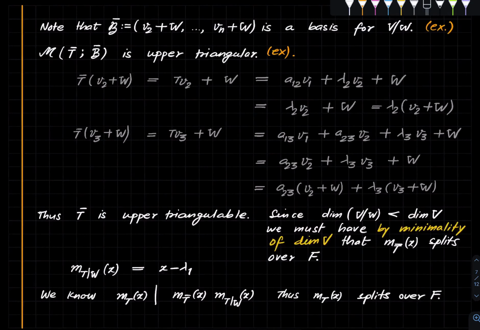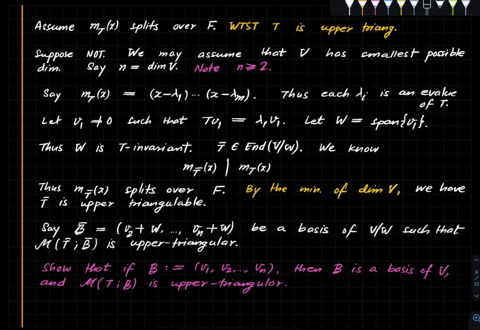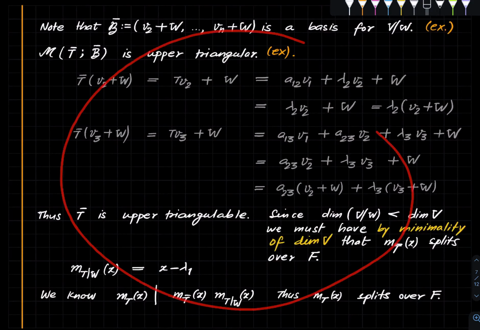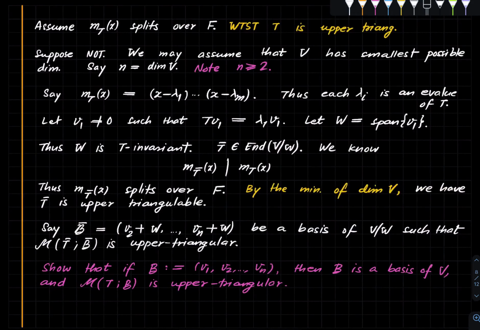It's this kind of computation that we did in the previous proof, so I don't want to repeat it. And therefore T is also upper triangulable, which is contrary to what we had assumed. We had assumed that that's not the case. So it's very parallel to the proof in the previous direction. So it's no new ideas.